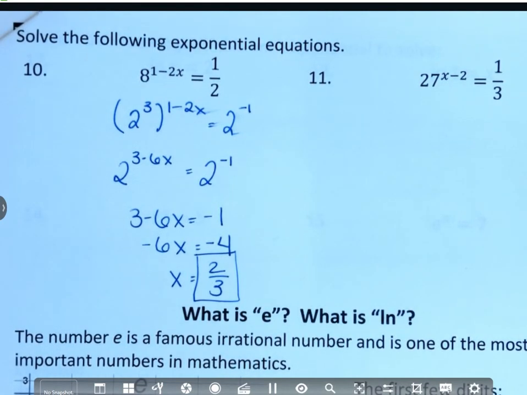Two-step equation there. Yay! So I want you all to try number 11 for me. Careful with your signs.